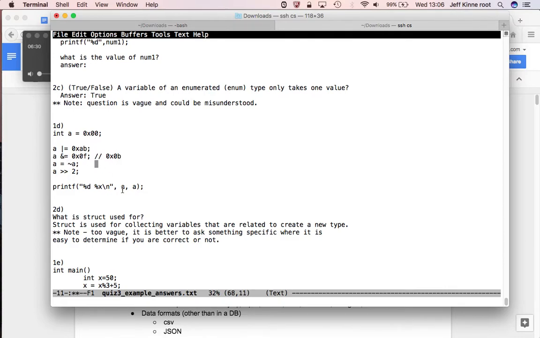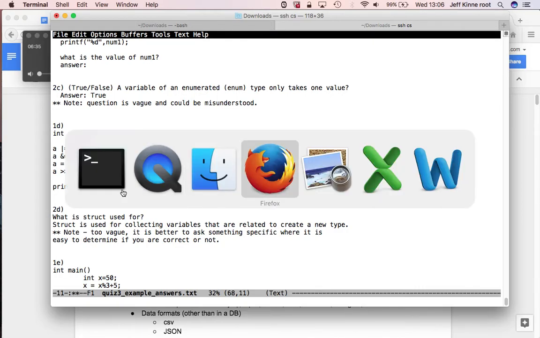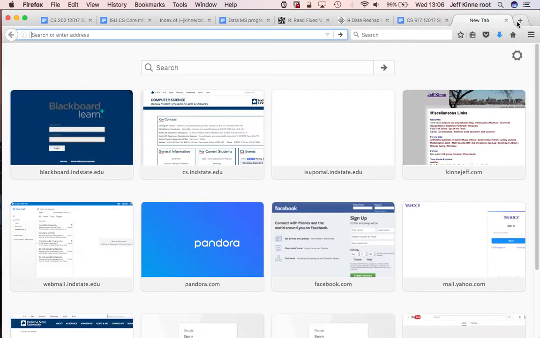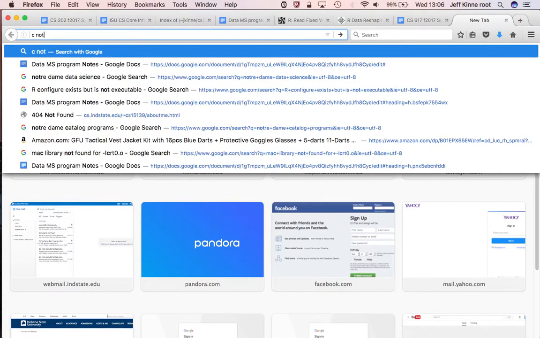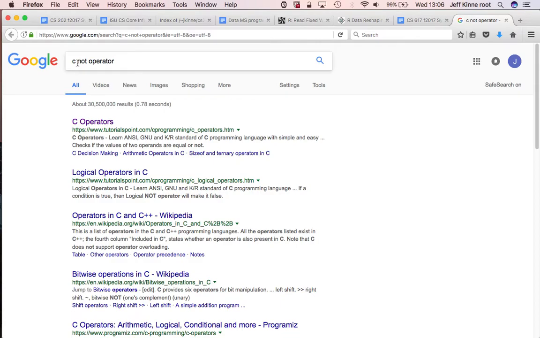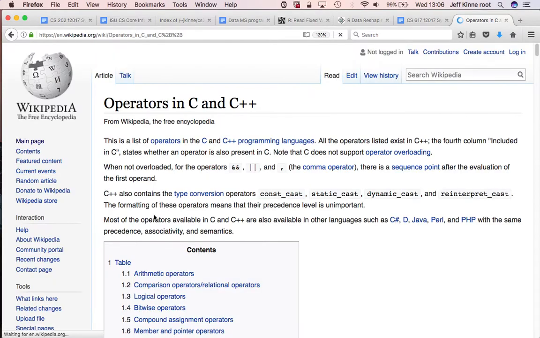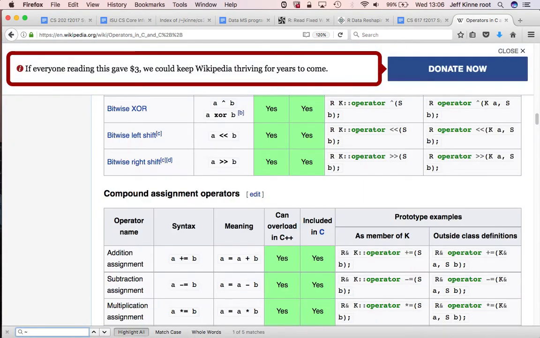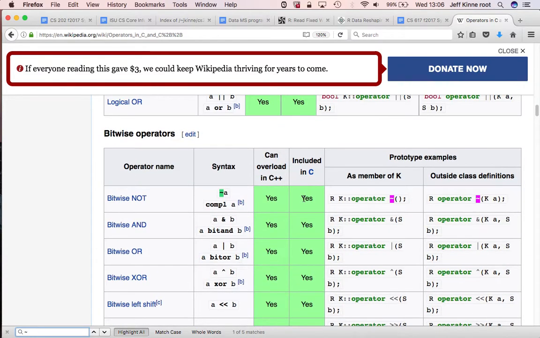The tilde is not. Is tilde not? Bitwise not.